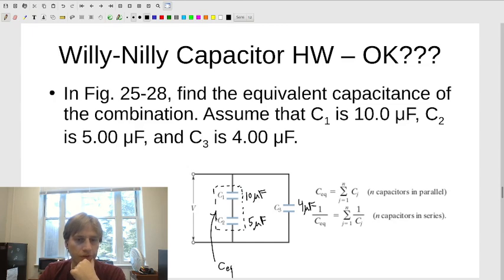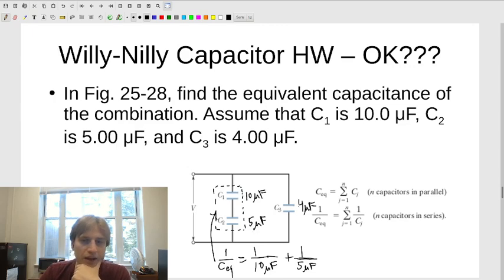So 1 over your C equivalent would be 1 over 10 microfarads plus 1 over 5 microfarads. Once you find this, that would be in parallel with C3. So the equivalent capacitance of the whole thing is just whatever you found here plus 4, because the equivalent capacitance of capacitors in parallel just requires you to add the two.